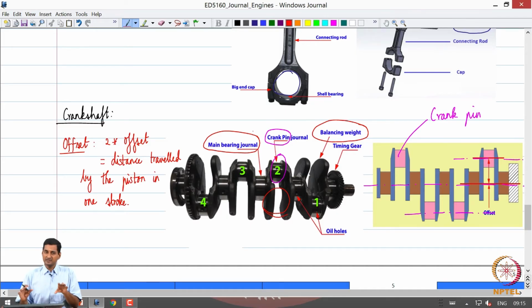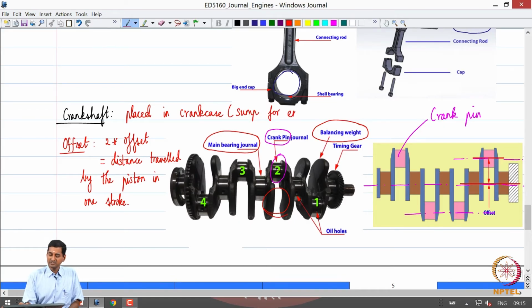So, it should be well supported, and this entire crankshaft is placed in the crankcase, and the crankcase acts as a sump for engine oil. By and large this crankshaft is going to be immersed in that sump of oil. So, it is going to be well lubricated.